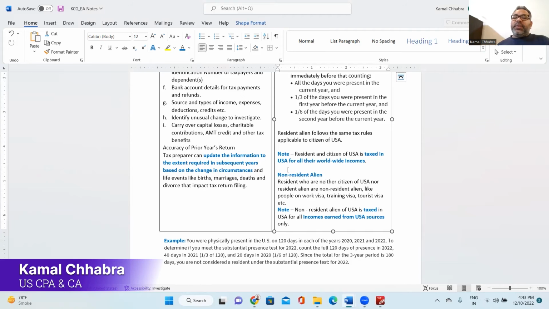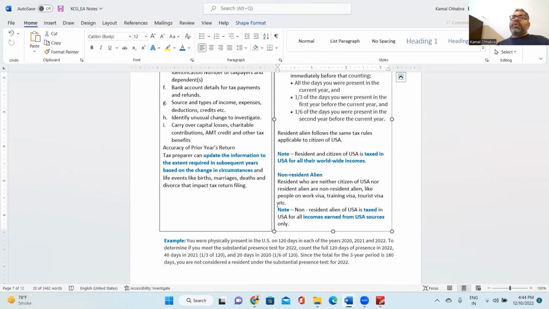The difference with the non-resident alien is that a non-resident alien of the USA is taxed in the US for all income earned from sources in the US only. So for example, people like you and me, who go to the USA and provide professional service or do a job, and we earn certain income over there, we are taxed only for the income which we have earned in the US or from the resources of the US, right?